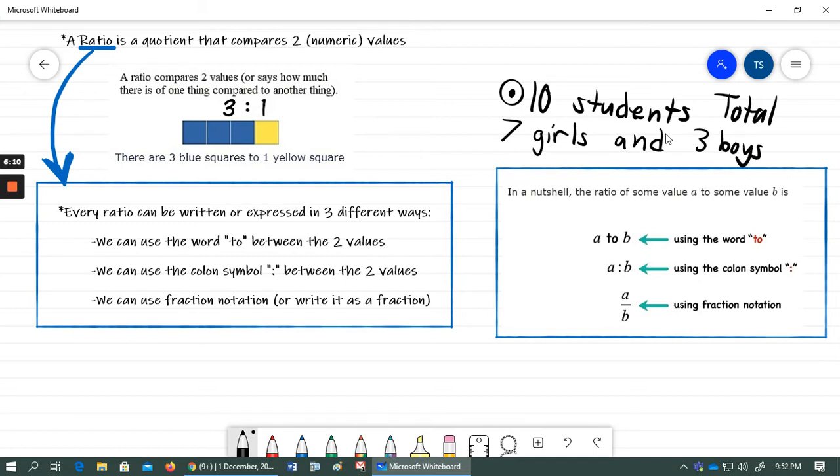Then if you had to write a ratio of the girls to boys, it's not the first time you've done this. Ratio of girls to boys.